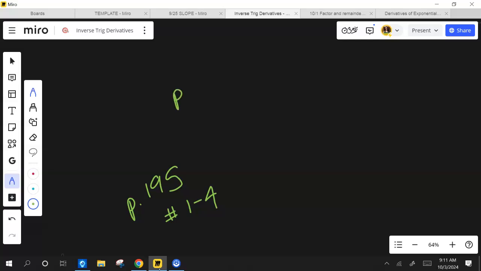And I want included in this page numbers 193 to 194. These are the ones we did together. 59, 68, 26, 30, and then, no, we didn't do it.